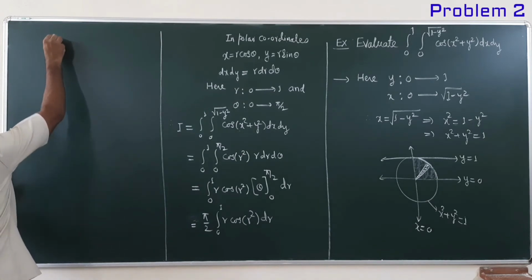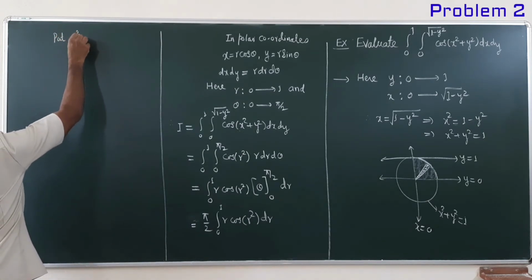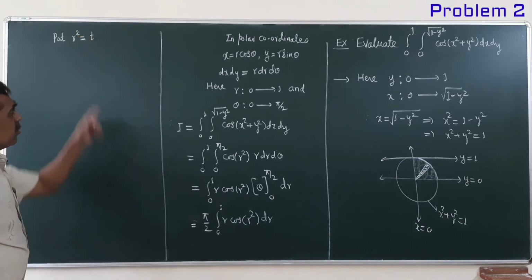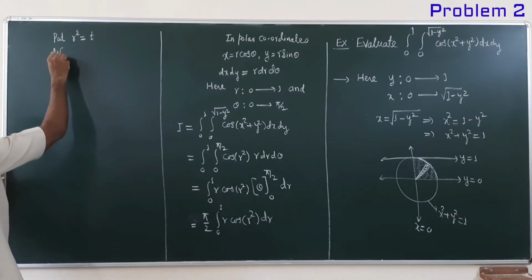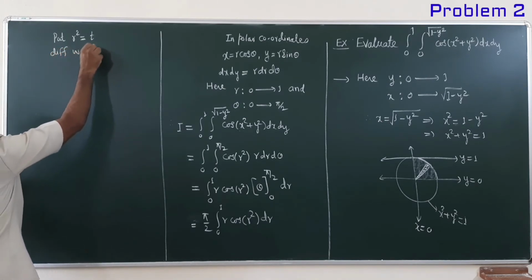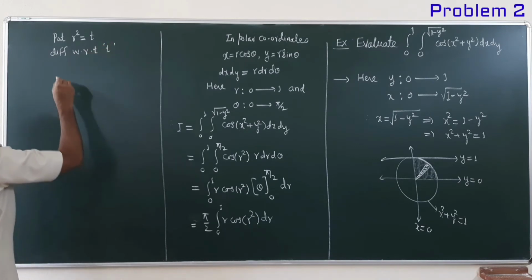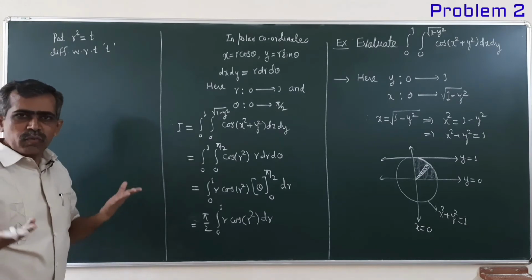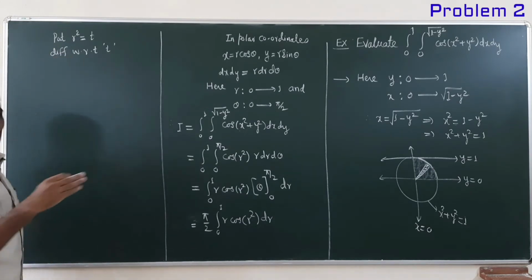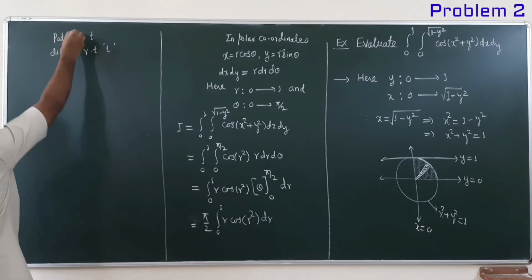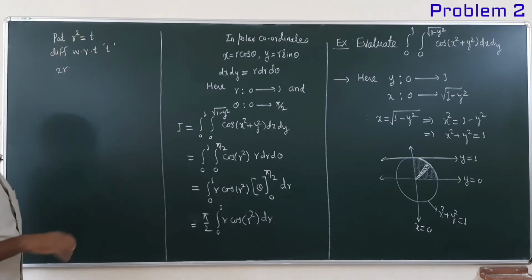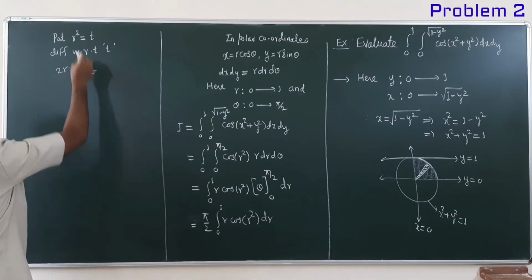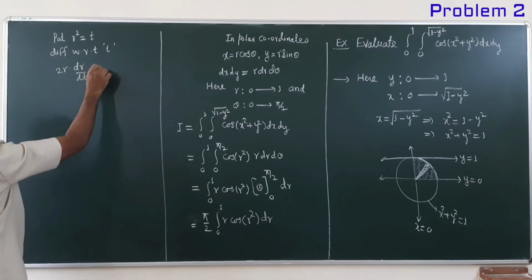So put r square equal to t. Differentiating both sides with respect to t, the derivative of r square is 2r into dr by dt, equal to the derivative of t with respect to t, which is 1.